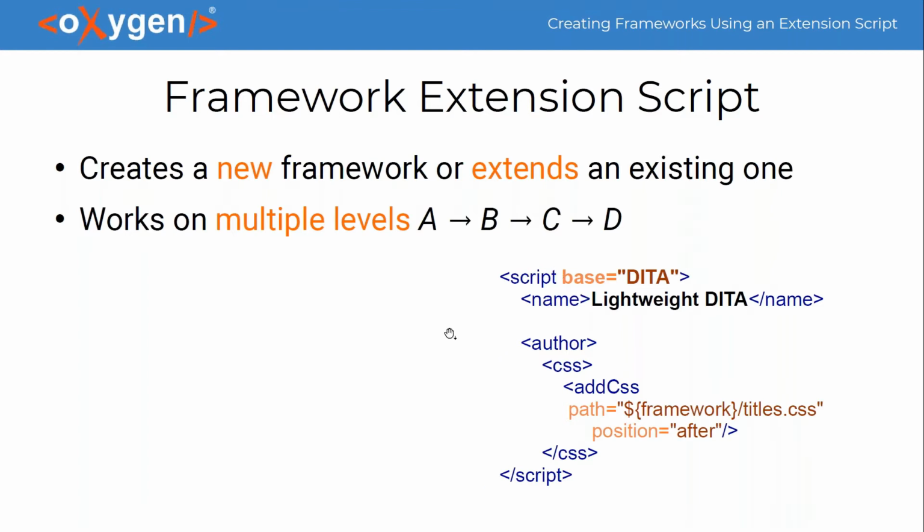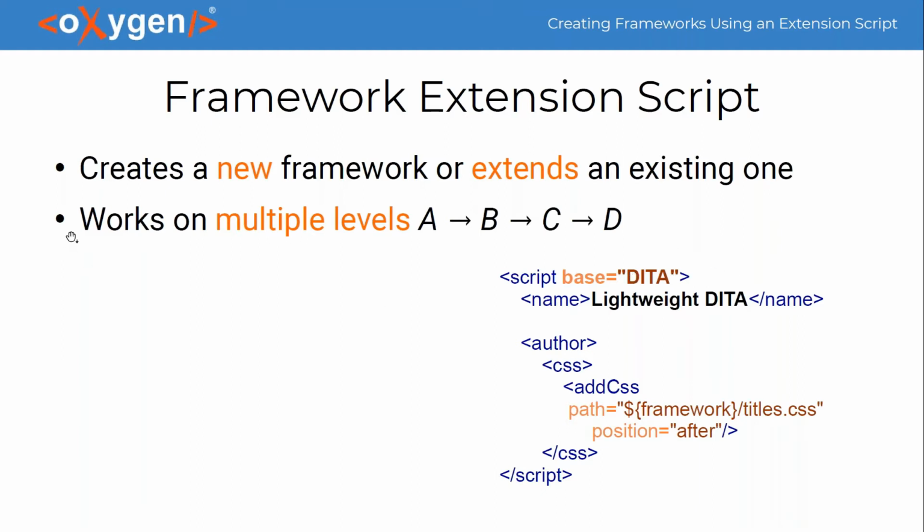It's an XML language. There's a small sample here, and it can be used to create a new framework or to extend an existing one. And in this sample here, you'll notice that the base attribute has the DITA value. So it means that what I'm creating is an extension of the DITA framework.